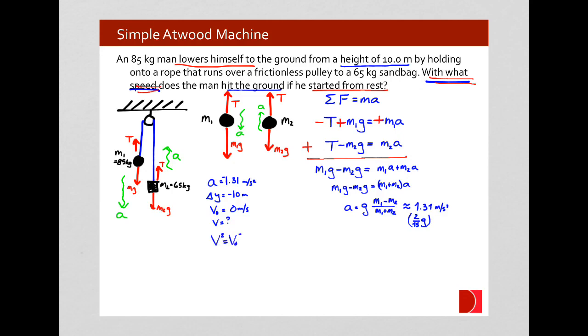We'll pick the appropriate constant acceleration equation. This term is 0. These are both negative, a negative acceleration and a negative displacement, which cancel out and end up being positive.